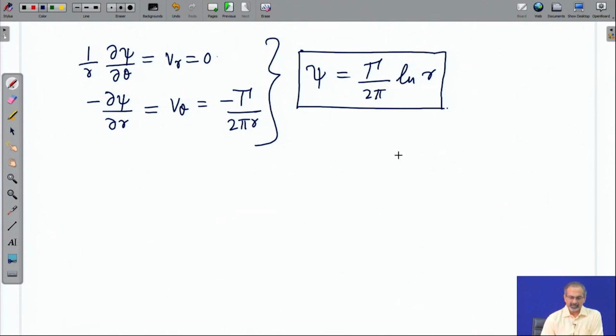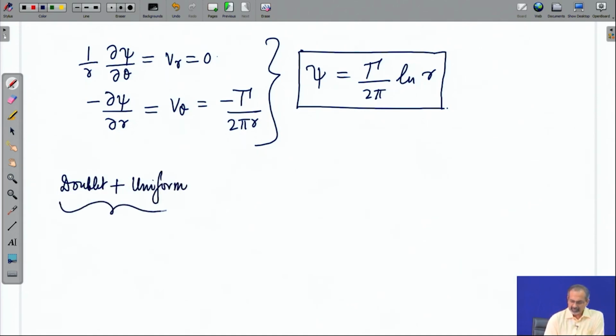Now, coming to an application, we saw earlier that when you combine doublet with uniform flow, what do you get? You get non-lifting flow. Why non-lifting? Because C L was equal to 0, non-lifting flow past a circular cylinder.